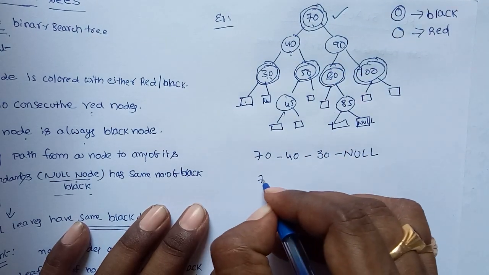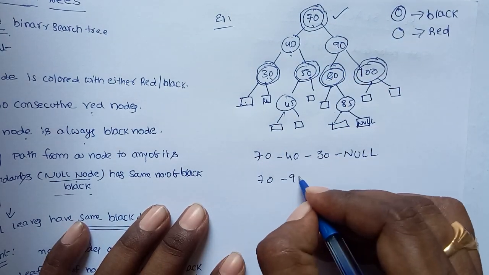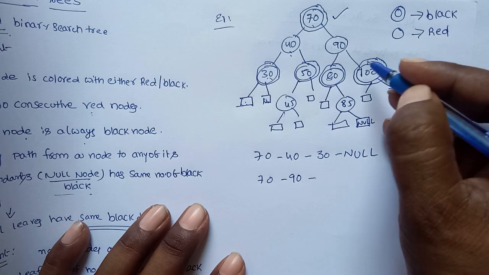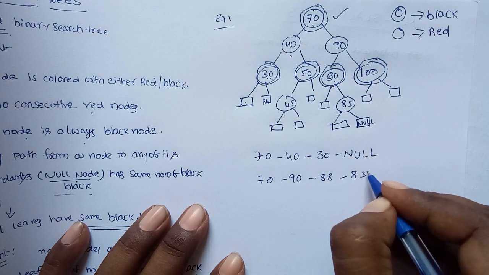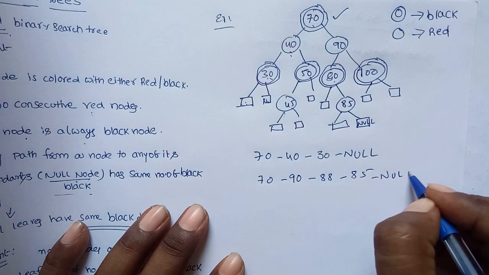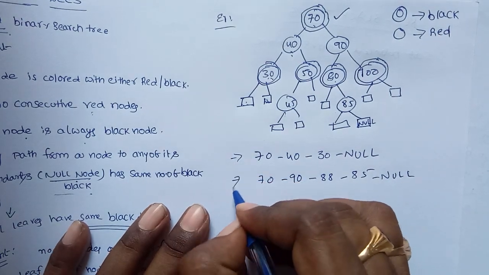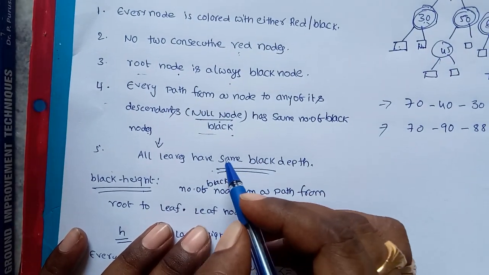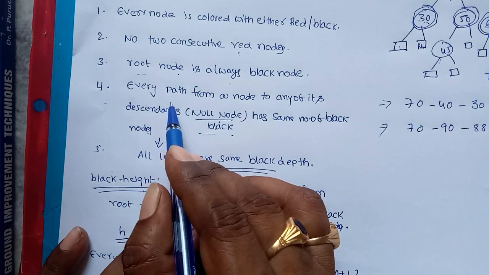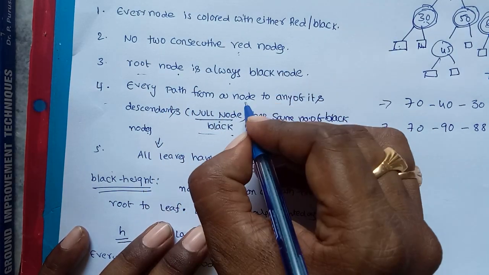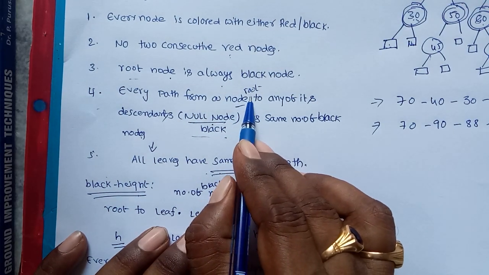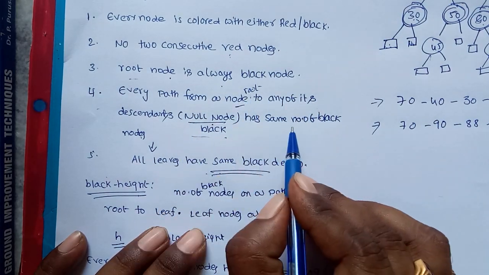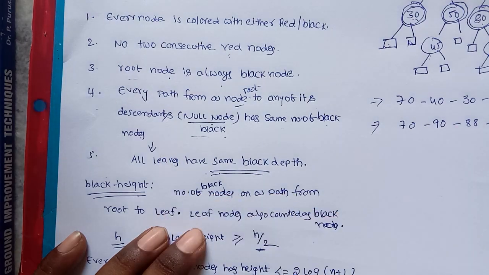Suppose another path, 70 to 90, 90 to 80, 80 to 85, 85 to null. Here the property is the number of black nodes on every path from the node. Consider the root node: the path from root to any of its descendants has the same number of black nodes.